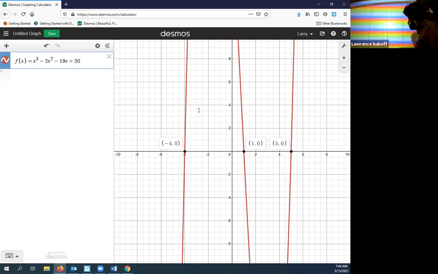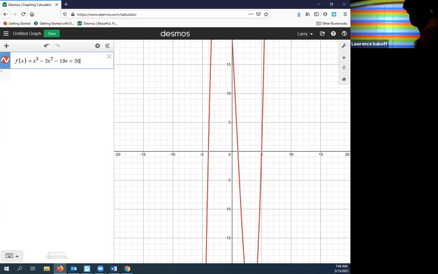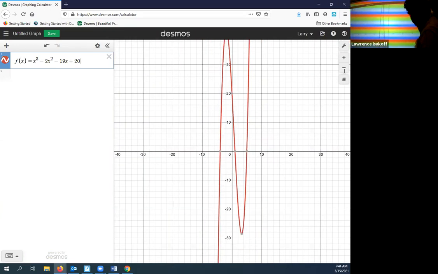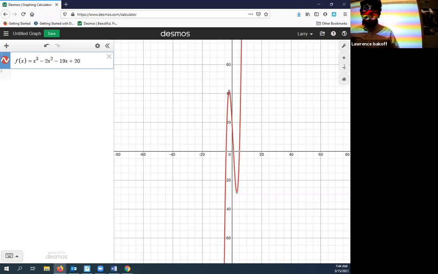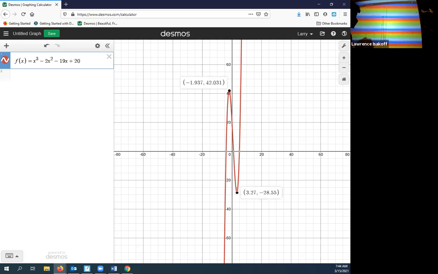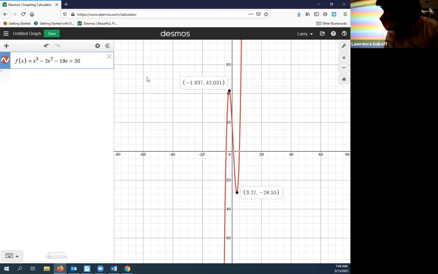Now what I'm going to do to find my max, mins, and end behavior is zoom out some. So all I'm doing is hitting the minus, there we go. Zoomed out so I can see its peaks. One peak is here, the other is here. All I'm going to do is take these points and put those as my answer.